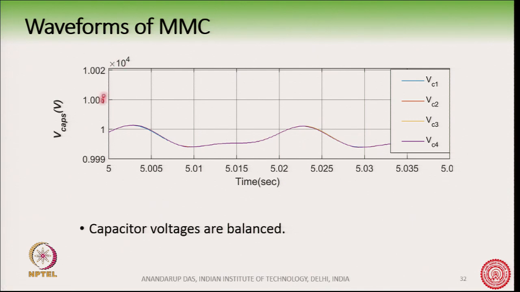This is the 10 kilovolt. There are 4 capacitor voltages here, Vc 1, 2, 3, 4, though probably you are not able to see the 4 distinct ones. There is a fluctuation on the capacitor voltage, but they are pretty much balanced.